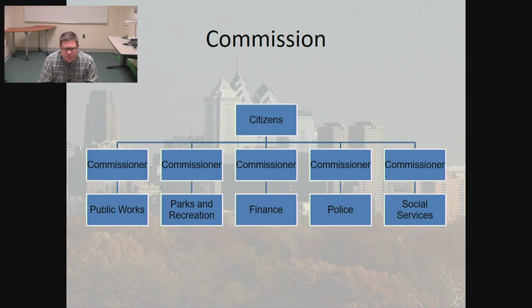So, for example, this is a basic structure of what commissioners might be responsible for. One commissioner might be involved with public works, roads, things like that. Another commissioner would be in charge of parks and recreation, another in charge of finance, police, or safety services, and then finally somebody would be involved with social services.